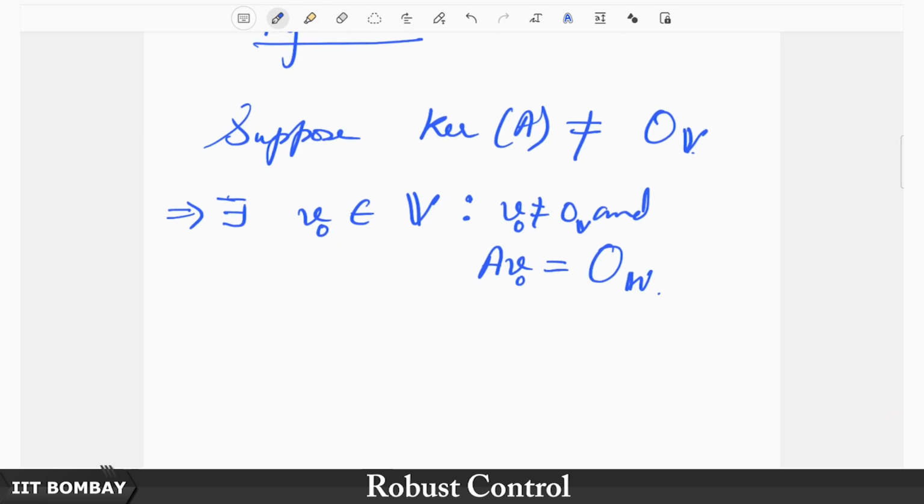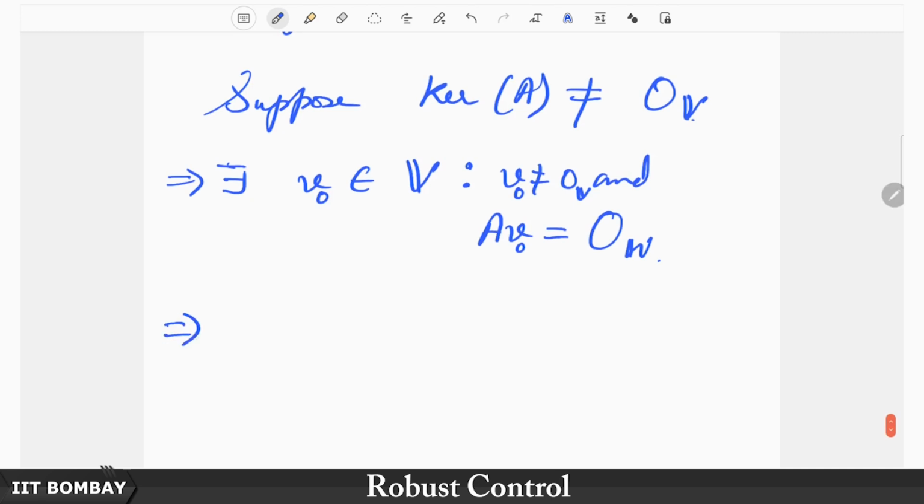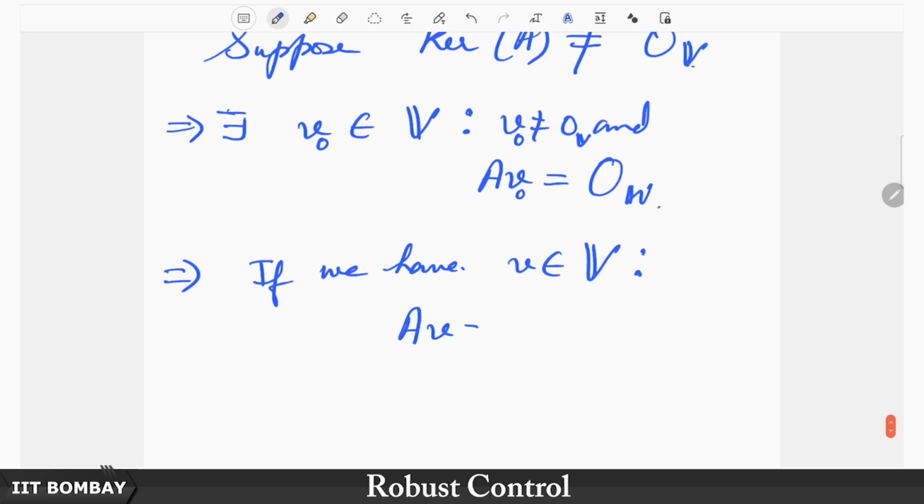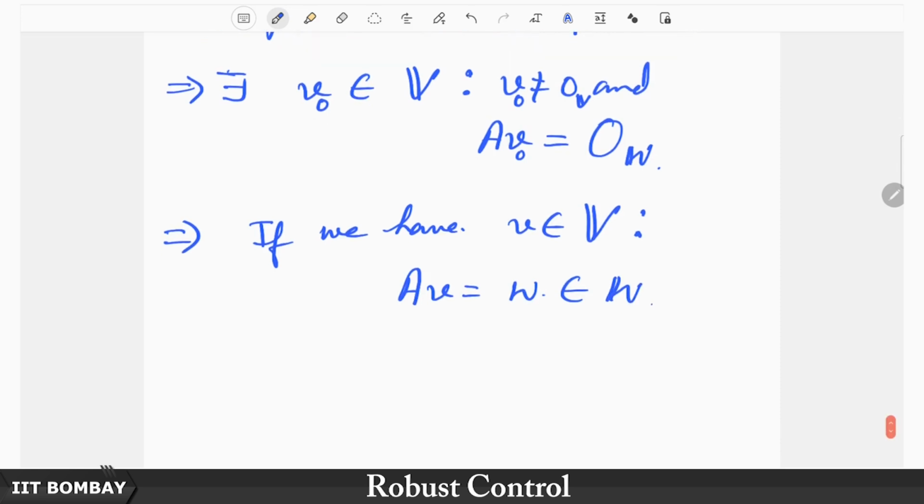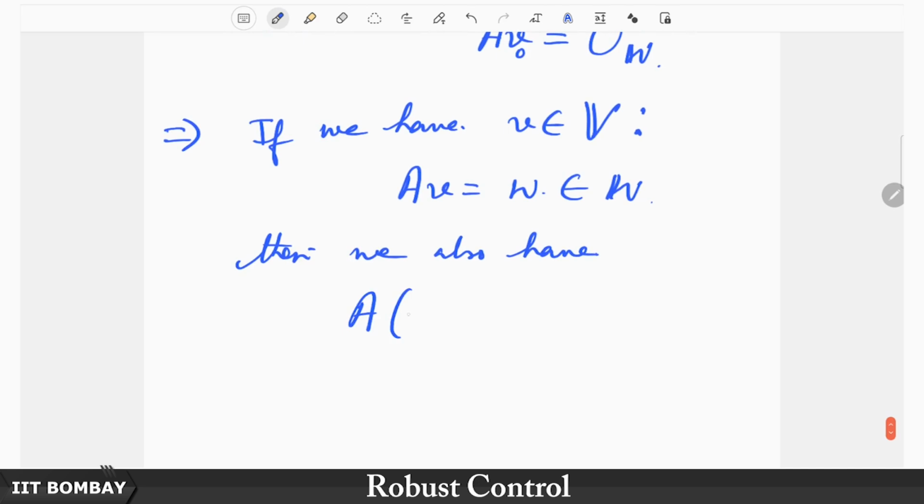It says that as a consequence, if we have V in V such that AV is equal to W belonging to the codomain, then we also have A of V plus V naught is equal to AV, because of the linearity of the map, plus AV naught, which is just AV.